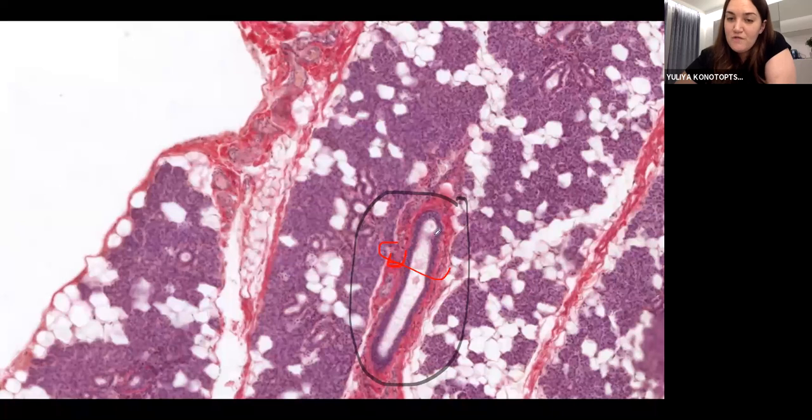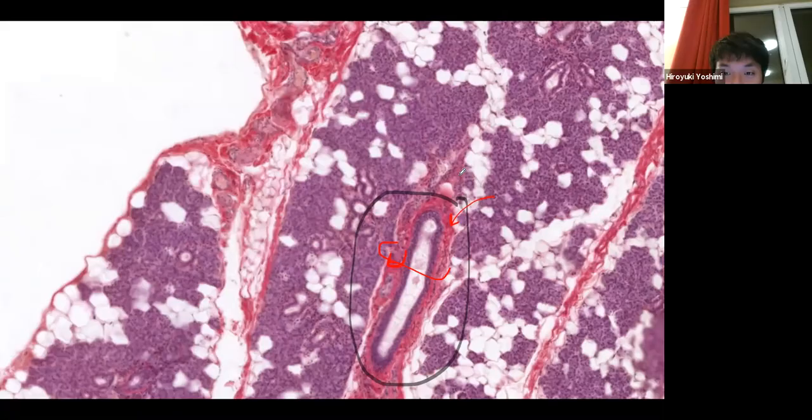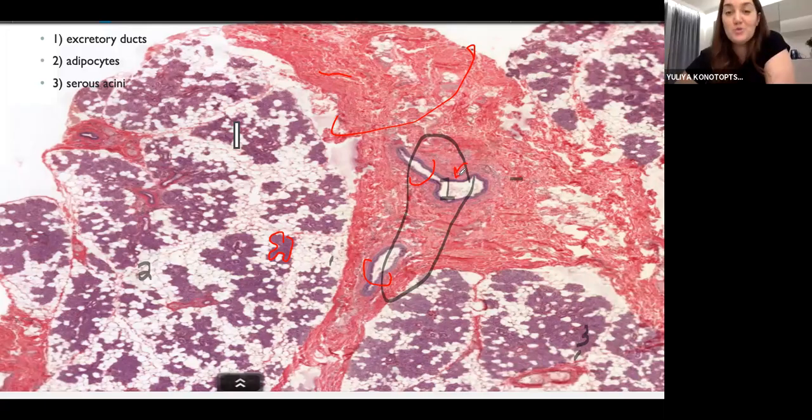Now, do you think that this excretory duct is the same as this one? Do they look the same? It's a bit smaller. It's a lot smaller. So the one that I have shown you here, where is it? It's here. Okay, let's imagine it's this one.